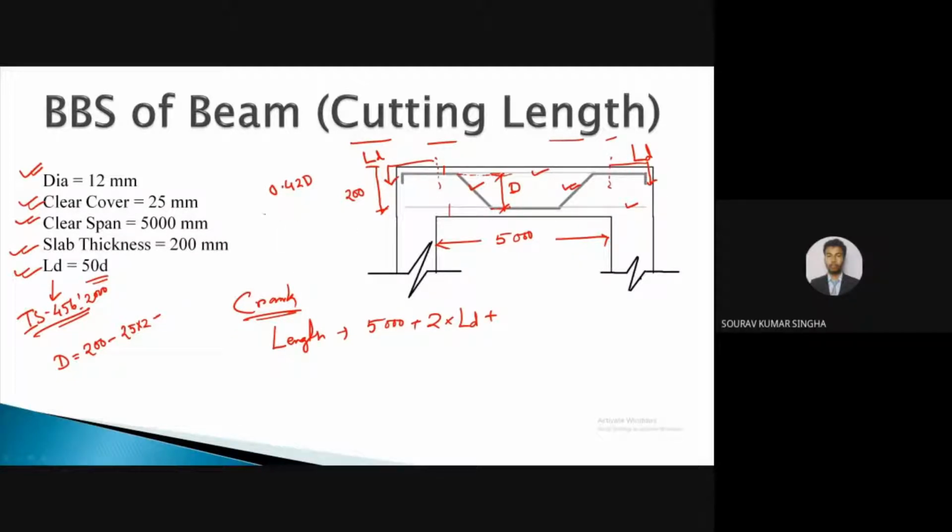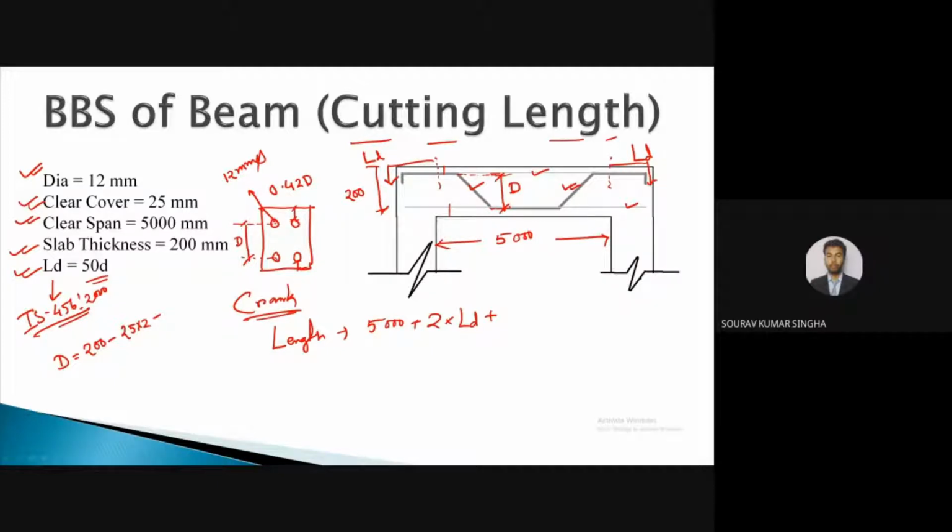Now how can we say it is a half dia? If this is the cross section of a beam, and you have bar diameter on both sides, the diameter of these bars is 12 mm. We need to determine the center to center distance, right? This is actually the D. So what will be the value of D? Up to this clear cover, this is 25, here it is also 25.